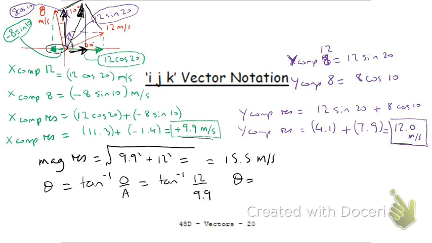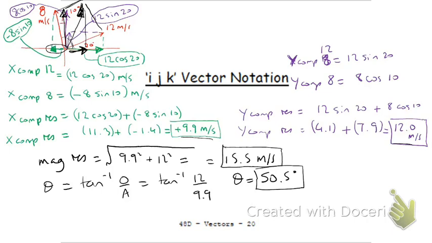Let's have a look. It's going to be second tangent, 12 divided by 9.9, enter. And that's going to be 50.5 degrees.